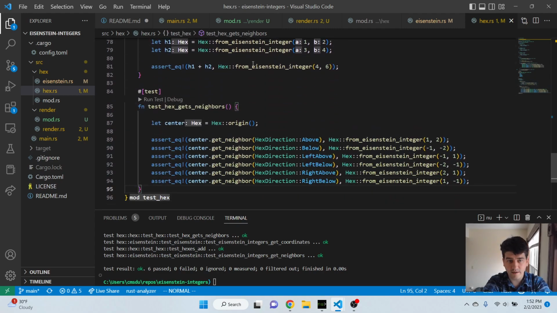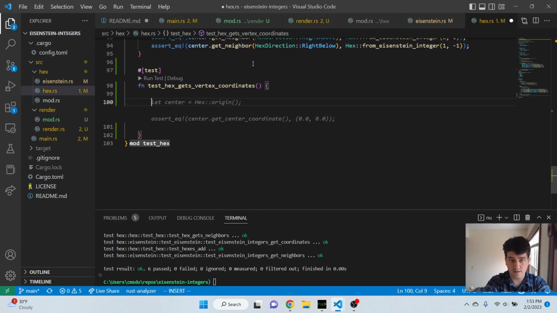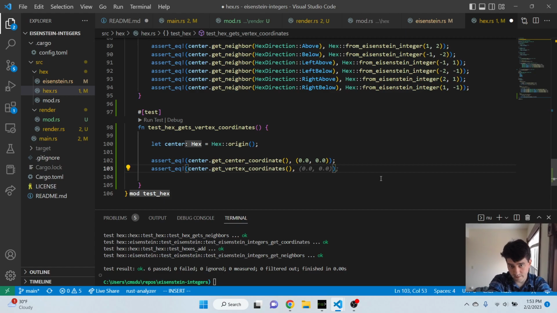So let's say test Hex gets vertex coordinates, and let's say let Hex, assert equals center dot get edges dot get vertex coordinates, and let's do it multiple lines.